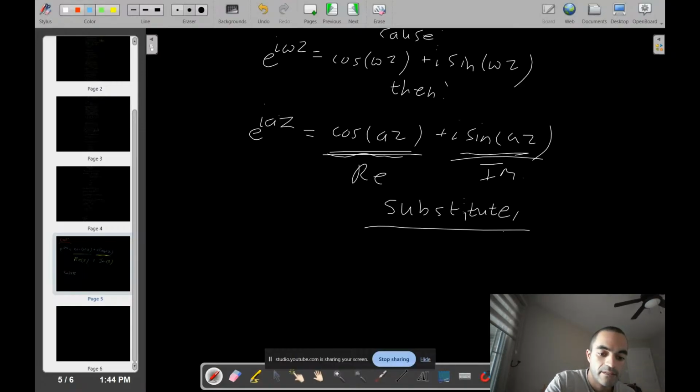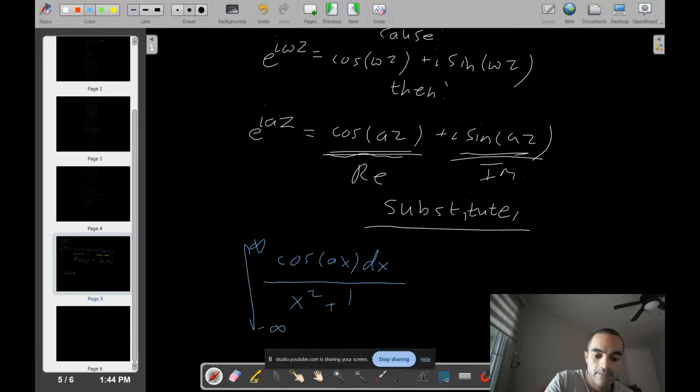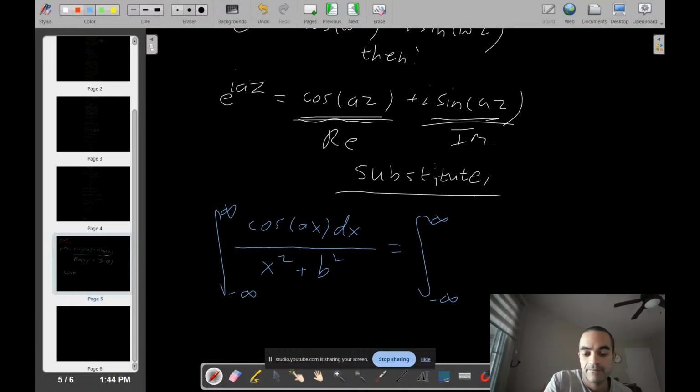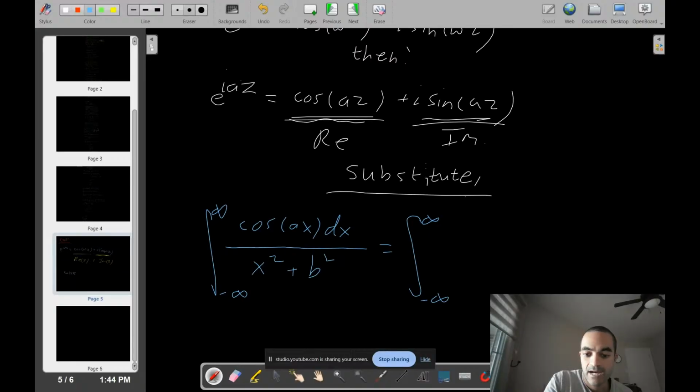So remember, we had the integral from minus infinity to infinity of cosine of ax dx all over x squared plus b squared, and this is now equal to the integral from minus infinity to infinity of e to the i a z.